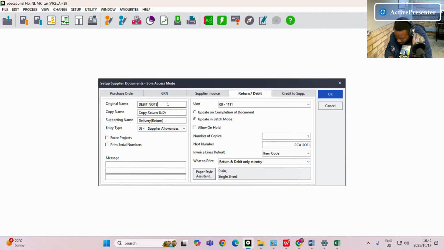Let me just do it since I'm here. It says the tax invoice number should start with TI121. Okay, it says the debit note.